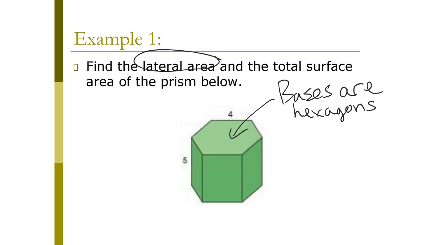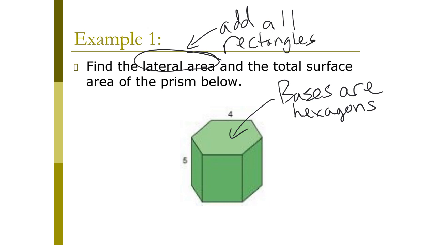We want to find the lateral area, which will be adding all the rectangles, and then the total surface area, which we'll just add in the bases. So total surface area is lateral area plus bases.